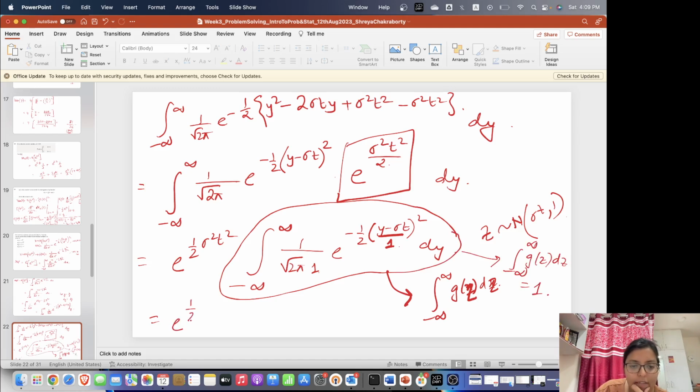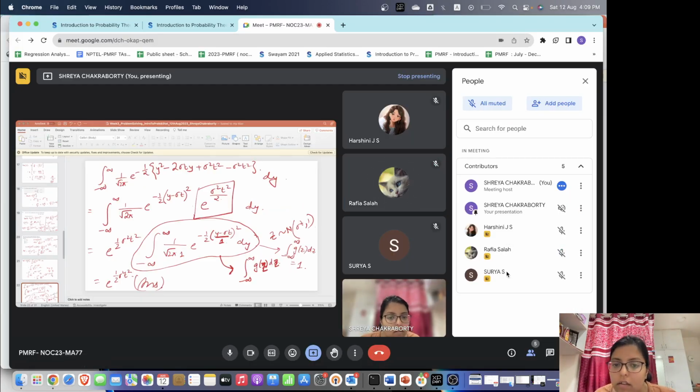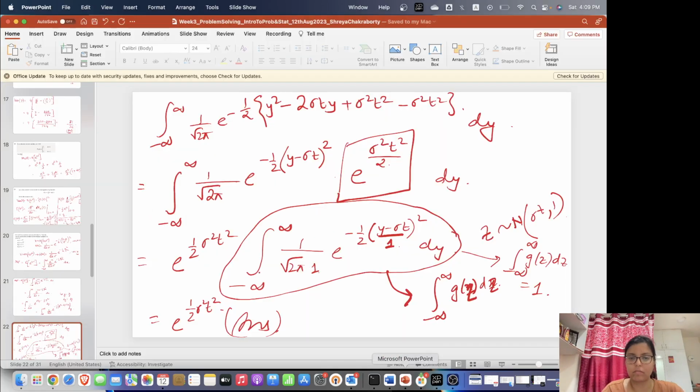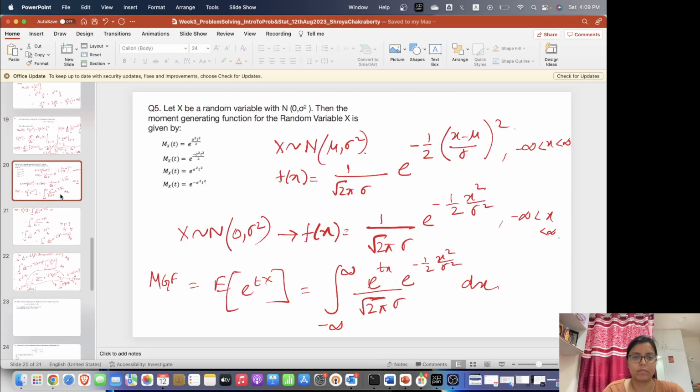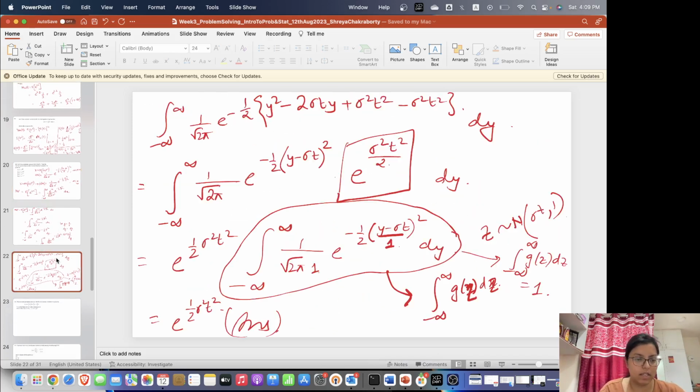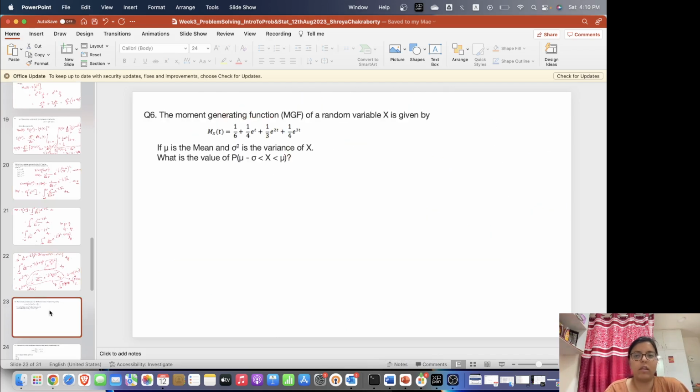So ultimately we have e to the power half sigma square t square. This is our answer. Is it okay? Yes, ma'am. All right. So then this is done. Next one. So how can we proceed with this one? Any idea?